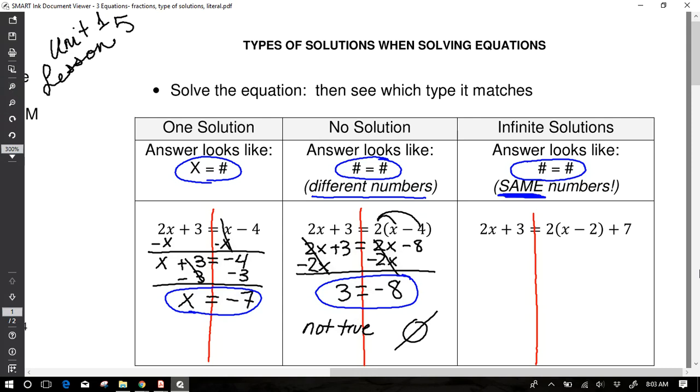So let's go ahead and solve this, and then we can see what we're expecting to see. So start out again with our distributive property. 2x minus 4. Bring down the plus 7. Bring down everything on the left.